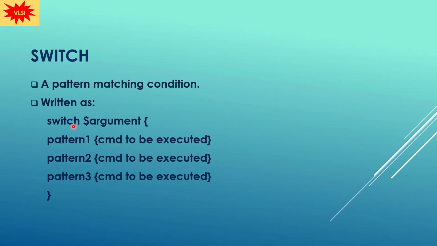So switch is the keyword. Then you are passing a variable over here, an argument. That variable can have the value of any of these three patterns, and whatever value it has, the command linked to that pattern will be executed.